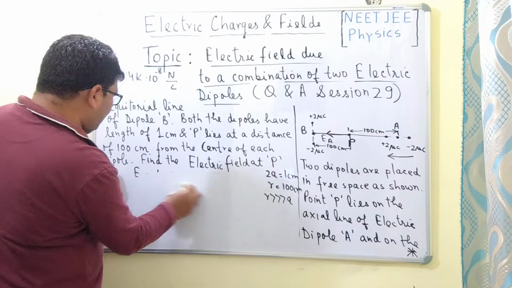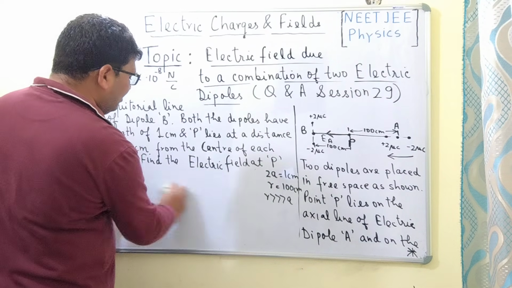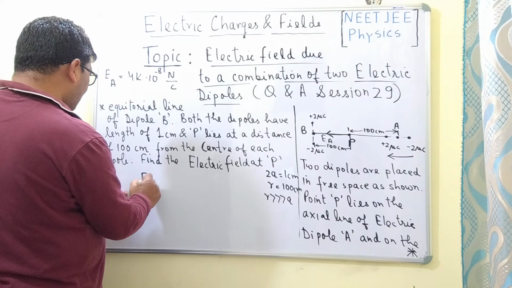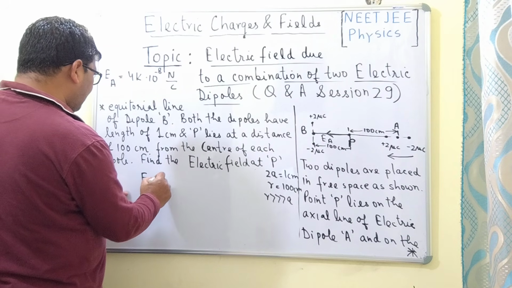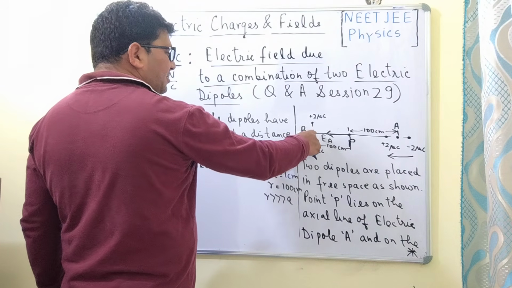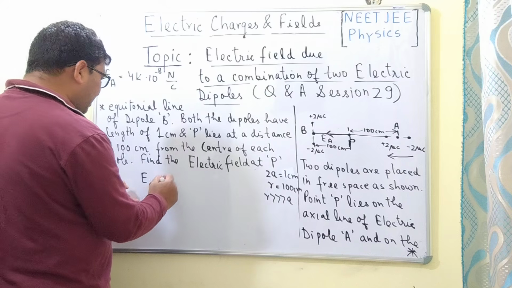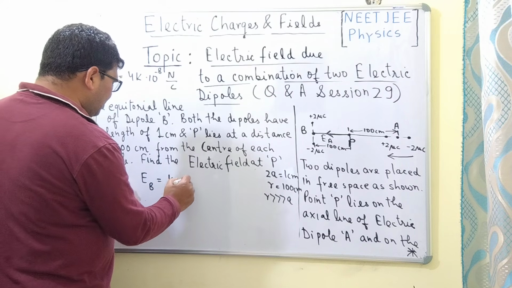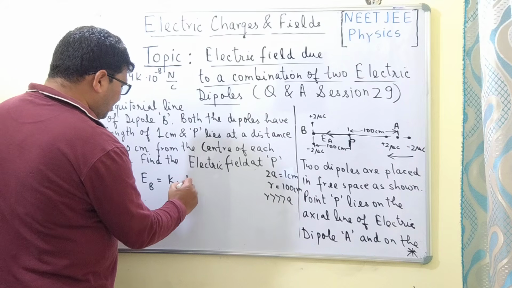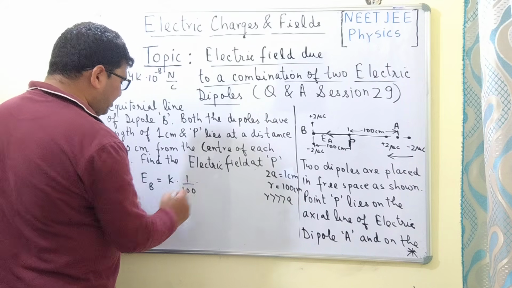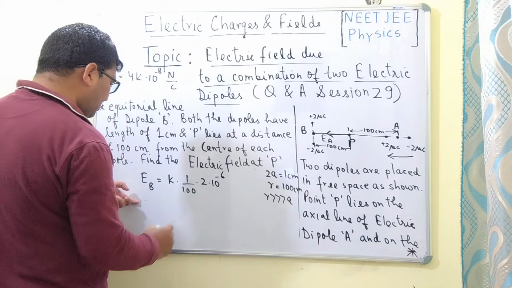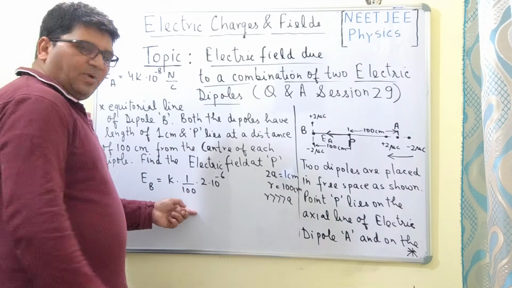Now the intensity of the electric field on the equatorial line of a dipole, I am denoting here as EB, because point P is lying on the equatorial line of dipole B. This will be equal to K into P, where P is the dipole moment, equal to 1 by 100 into 2 into 10 to the power minus 6, divided by 1 cube.